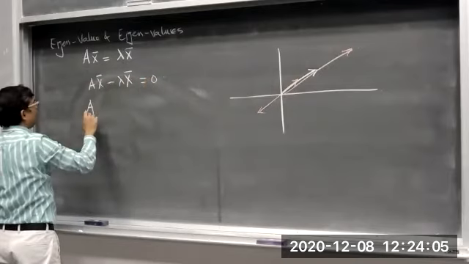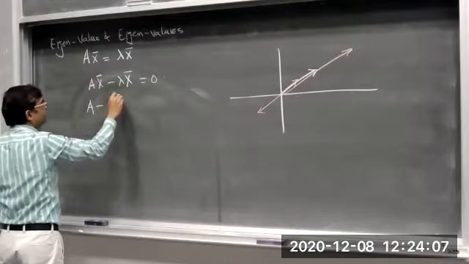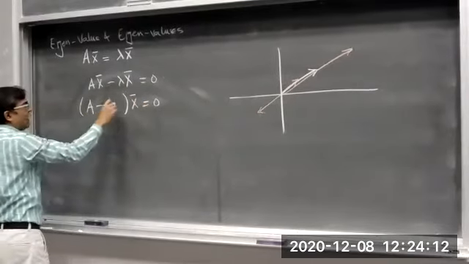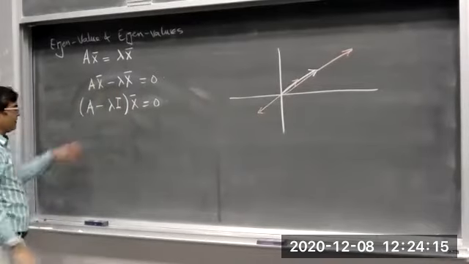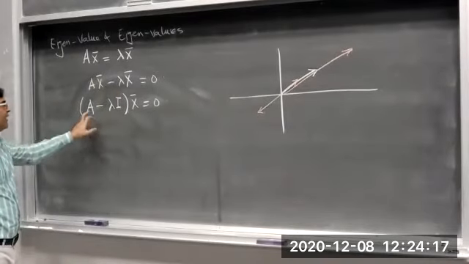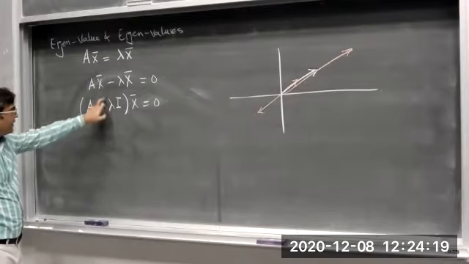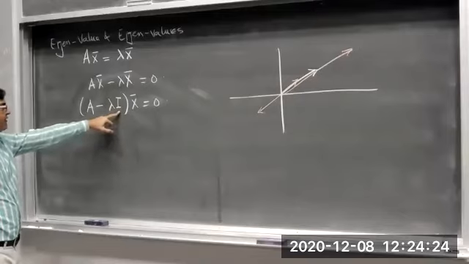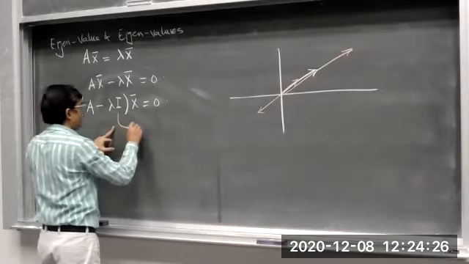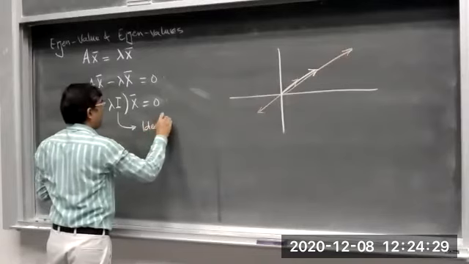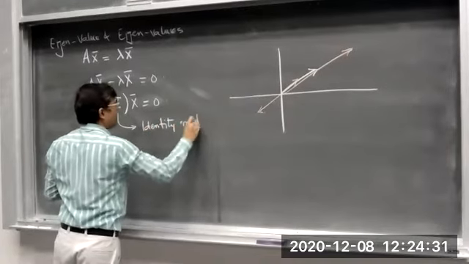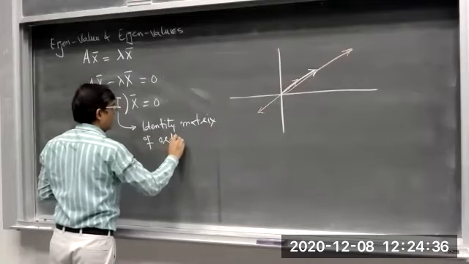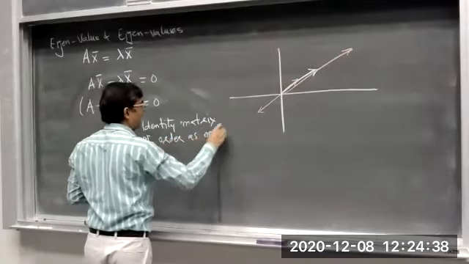From here, we can take X common, and this is equal to 0. And here we have to put I. Why? Because A is a matrix and we cannot subtract a constant, a real number, from a matrix. So we have to put here an identity matrix of the same order as A.